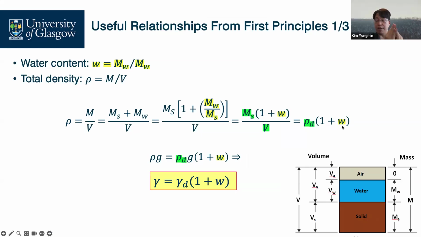Yes, we are able to calculate dry density. Sometimes dry density, dry unit weight, is important because it is the indicator to check whether soil compaction was conducted well or not.